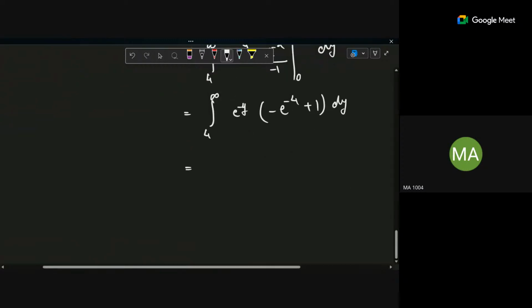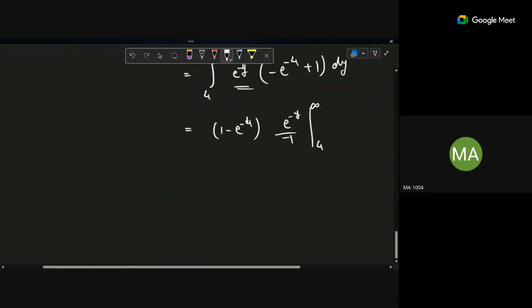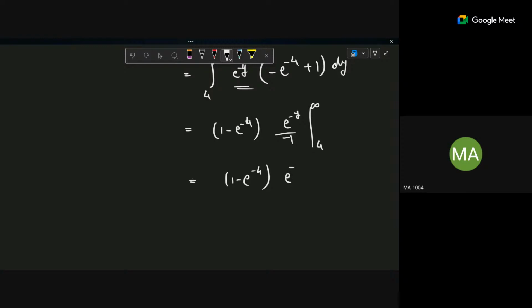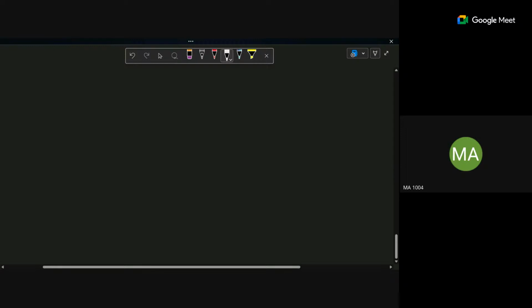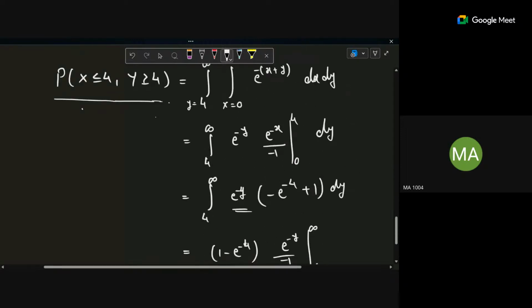Now once you integrate it again, you will get 1 minus e to the power minus 4 common, and the integration of e to the power minus y gives you minus 1 from 4 to infinity. So yes, it's giving the same answer in this particular question, but you will find some questions where this kind of thing will not work. You have to check it.